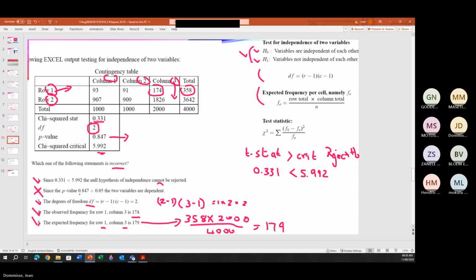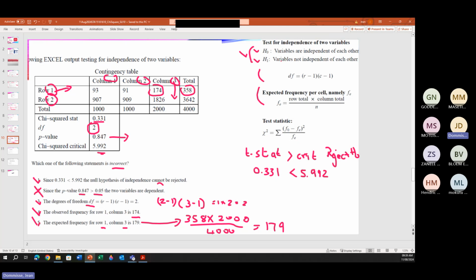So because that is bigger than that, the two variables are independent. It should have read... Okay, so because we cannot reject the null hypothesis, we assume that the null hypothesis is correct.